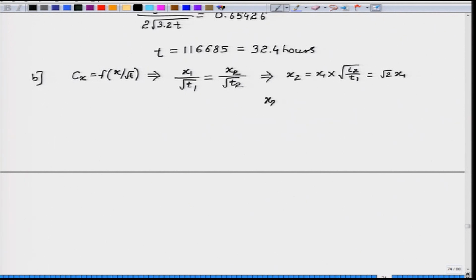So, x 2 is root 2 times the initial case depth, which is 0.8 mm. So, x 2 comes out to be 1.13 mm.